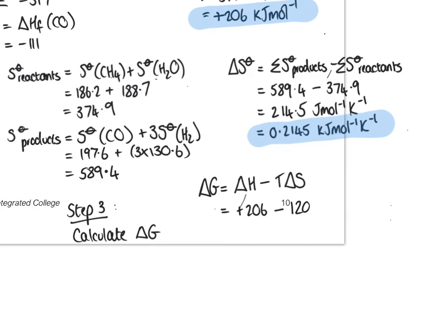So it's 1200 times my entropy, which is 0.2145. Multiply that out. 206 minus, oh, I didn't multiply that out. 257.4. Yeah? Which gives me minus 51.4.